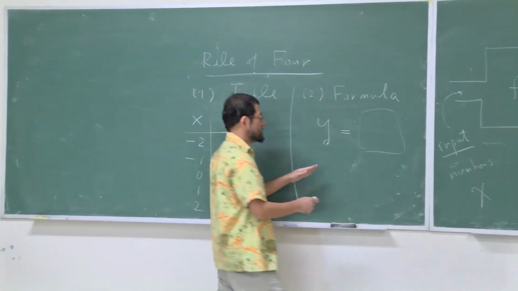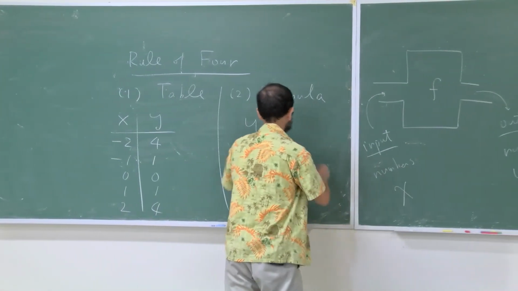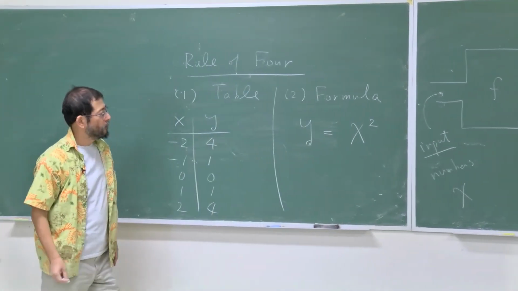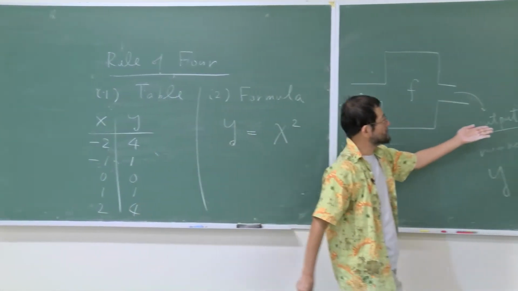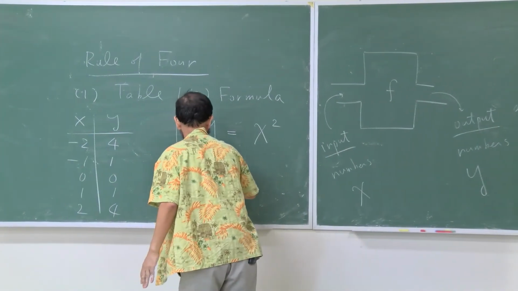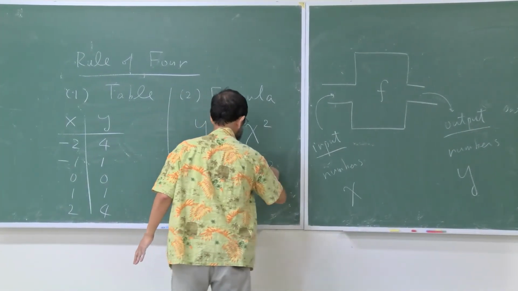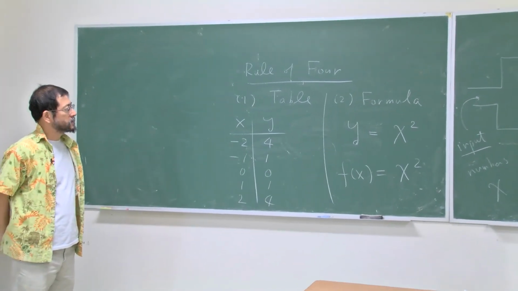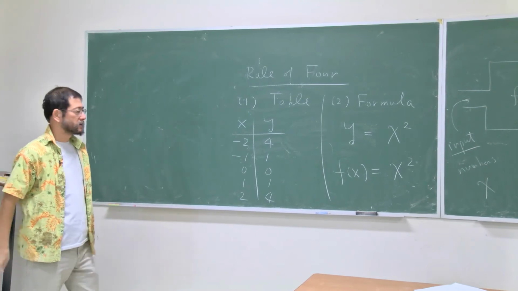So you can describe this function by a formula, and the general way to write it is f of x equals x squared. So you can describe the same function using a formula.